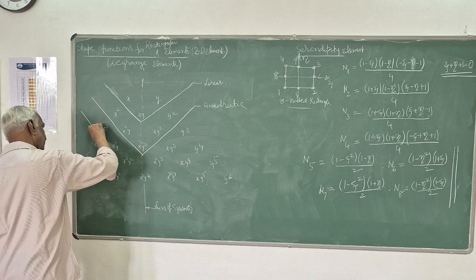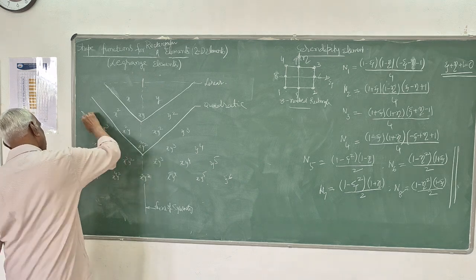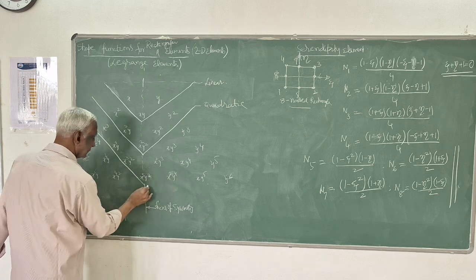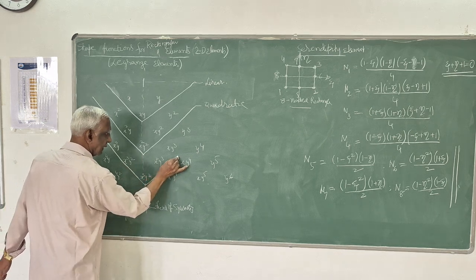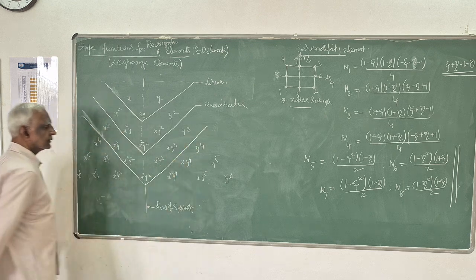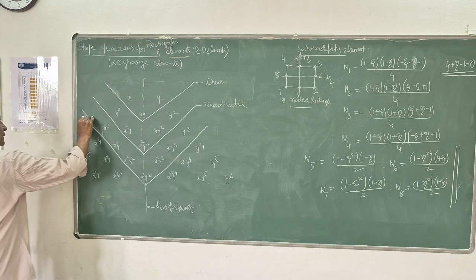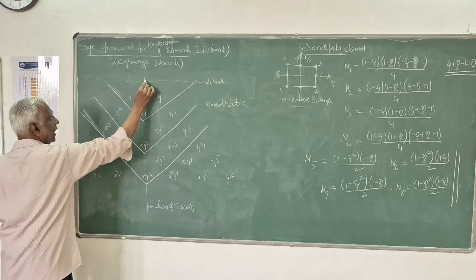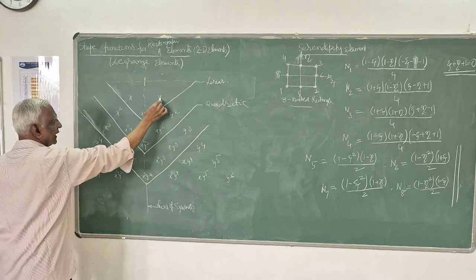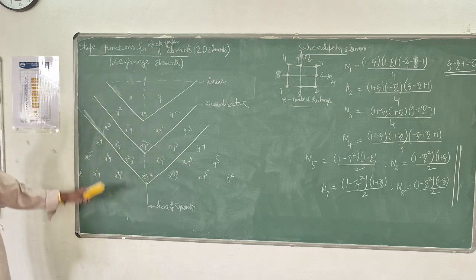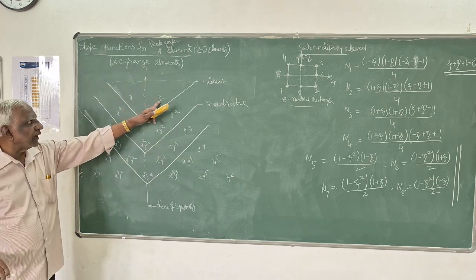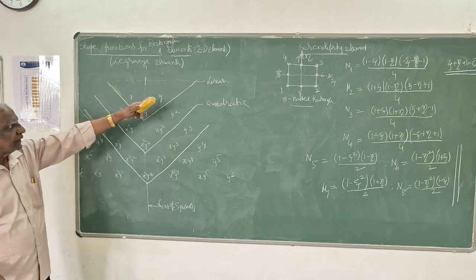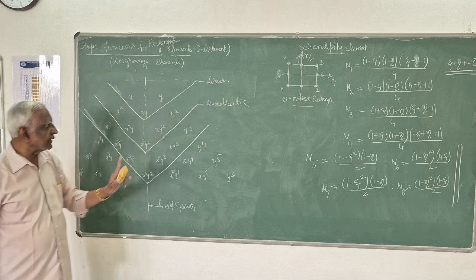This is for the cubic element. You see, this is for the linear element: 1, x, y, xy. These are the 4 terms which will be present in the linear element equations.